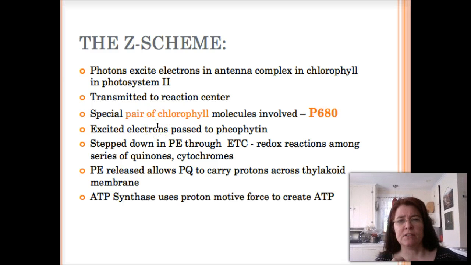Excited electrons from the P680 reaction center end up being passed to pheophytin, step down through the electron transport chain, carried by plastoquinone in order to create the proton gradient, which flows through ATP synthase and creates ATP.